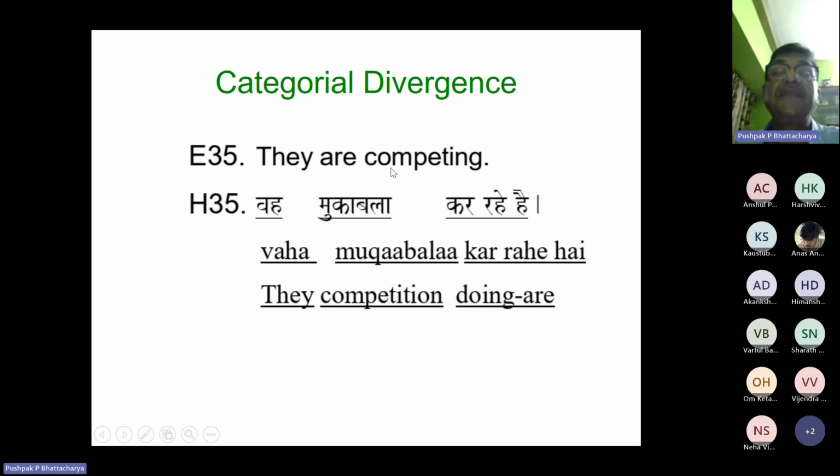Similar is the case for advice. Advice in English is one word. Salah dena is the corresponding Hindi group of words. So वो मुकाबला कर रहे हैं. This is called categorical divergence. Here there is a change of part of speech. Competing is a verb, मुकाबला is a noun, and then कर रहे हैं is a verb group.